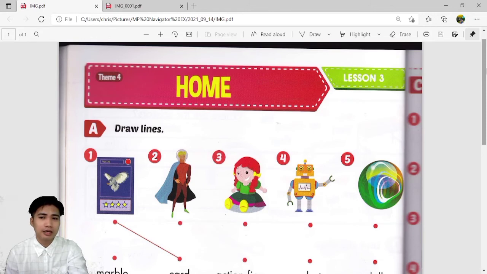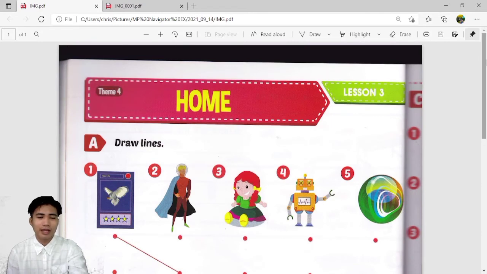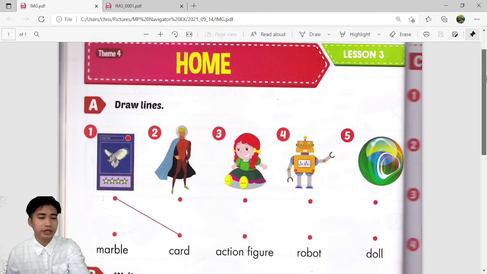Please do your homework today and open your workbook on page 42. Again, your homework today is in your workbook, pages 42 to 43. I'm going to help you with instructions on how to answer them.